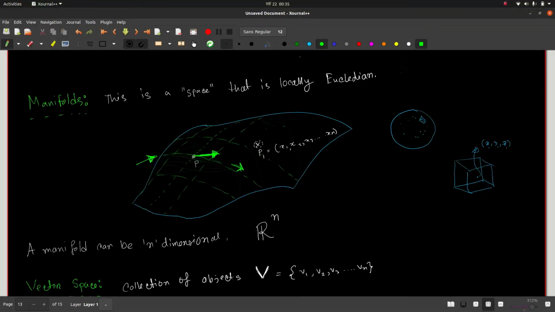Now you can also go from this way, that means this arrow, to this way through point P, and you can draw another tangent. And similarly for other directions, for example this way.